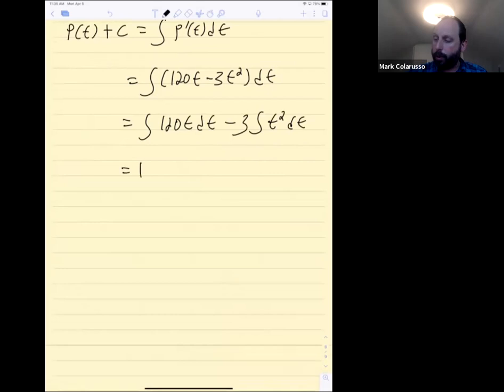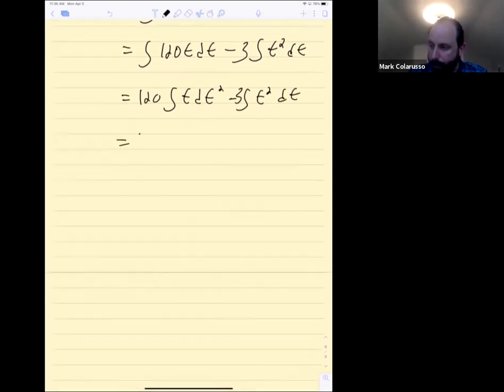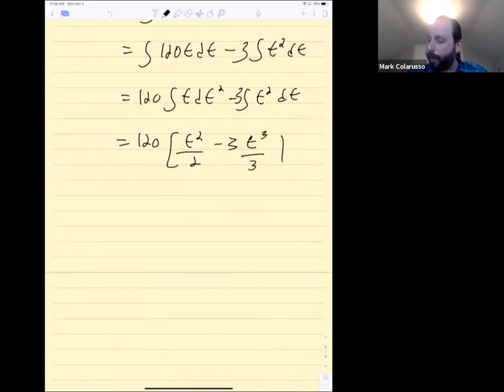We can move out the 120 from the integral of t dt, and I already moved out the minus 3. So we have minus the integral of 3t squared dt. And now we reverse the power rule. So you have 120 t squared over 2, go up 1, so 1 plus 1 is 2, minus 3 t cubed over 3 plus c.